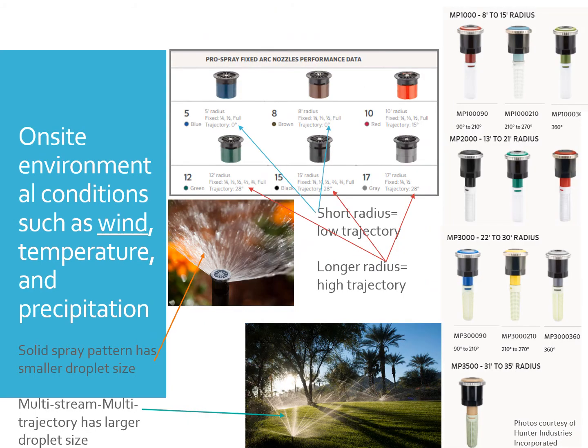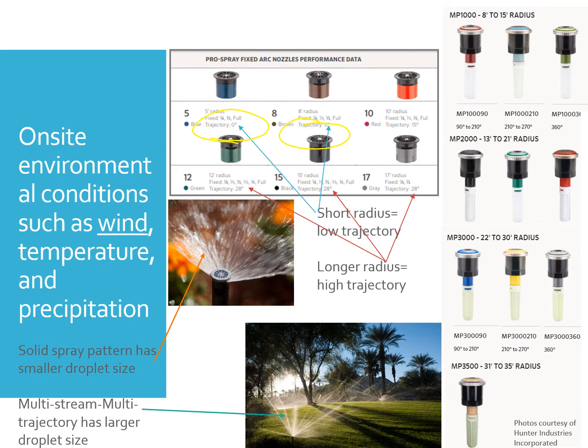Now for smaller radius sprinklers, which would be more typical for a residence or just intricate smaller pieces on commercial properties, you would use spray heads. Something to keep in mind is the shorter the radius you have to work with, the lower the trajectory. So here you have a 5-footer and an 8-footer. The trajectory is 0 degrees for both of those, so it's completely flat.